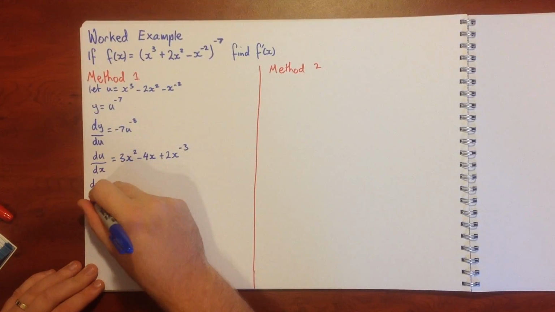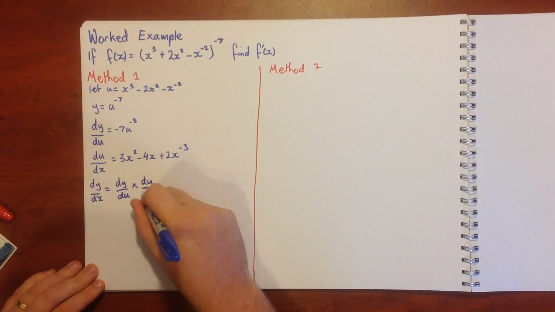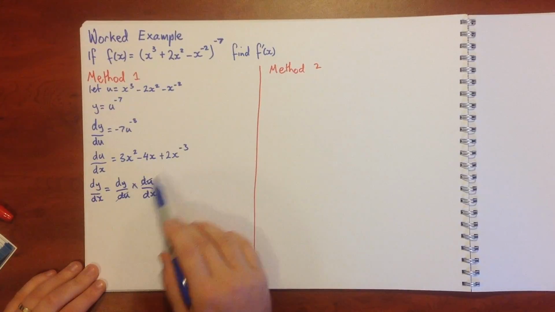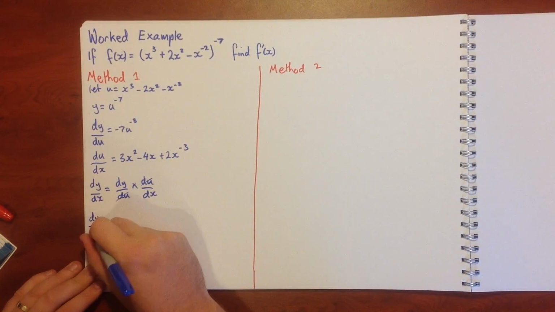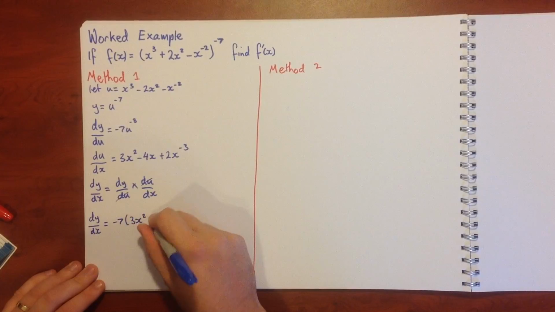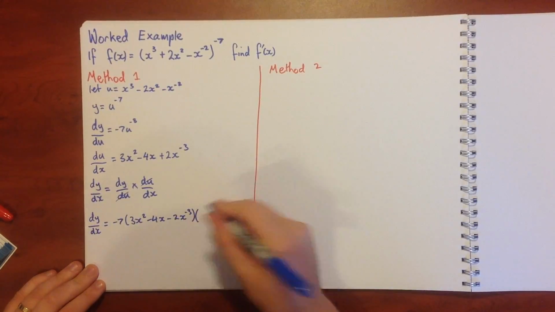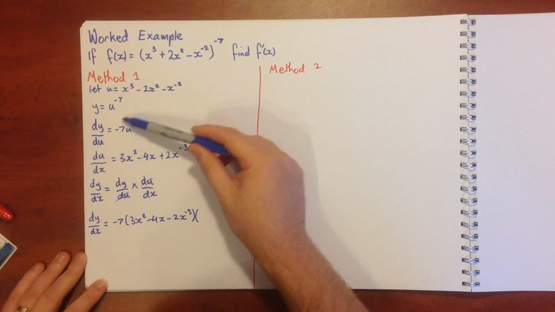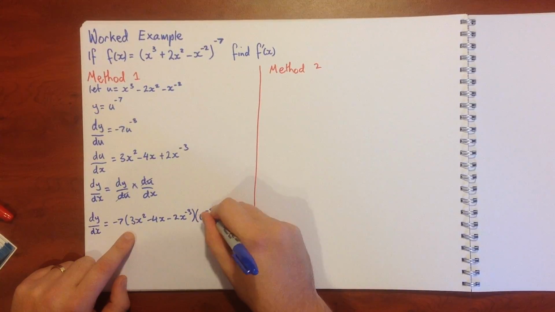Now remember, dy dx is equal to dy du times du dx, because the du's cancel out to give us dy dx. What we usually do is put the du dx at the front, so we have dy dx equaling negative 7 times 3x squared plus 4x plus 2x to the negative 3, times our dy du, where we've already put our negative 7 in, and now we need our u to the power of negative 8.